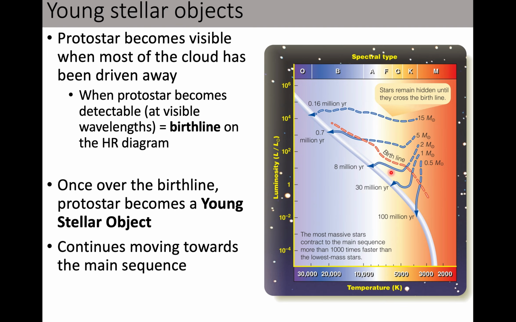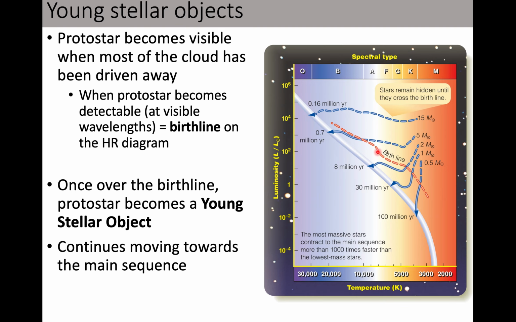So once the star crosses the birth line, remember these stars are not moving in space. We're just looking at their temperature and their luminosity, thinking of how their temperature and luminosity change as they age. So we have our protostar. It's going to start warming up. It gets a little bit dimmer. Once it crosses this birth line, we call it a young stellar object.